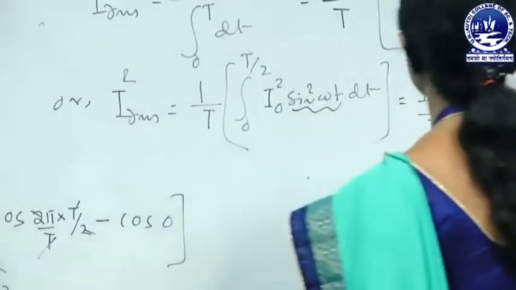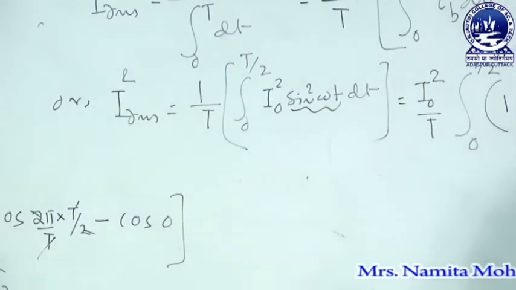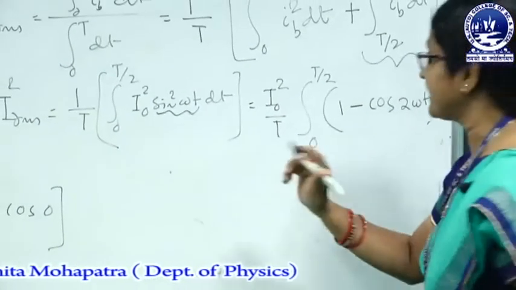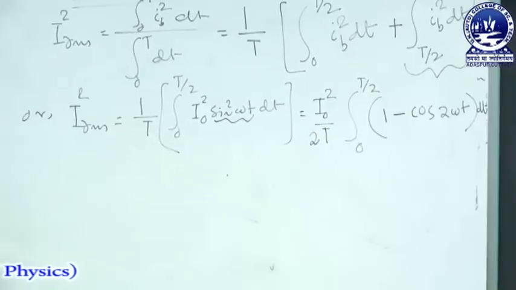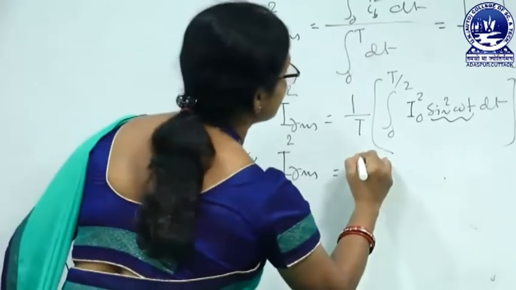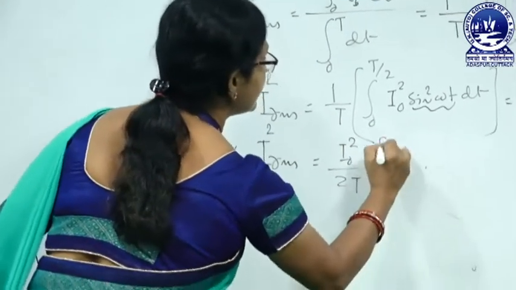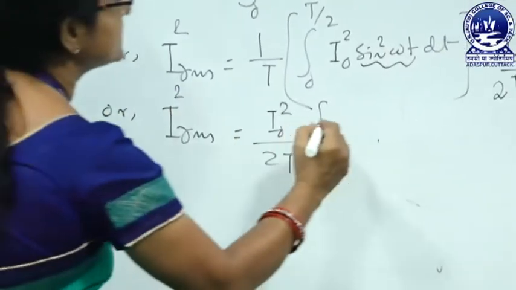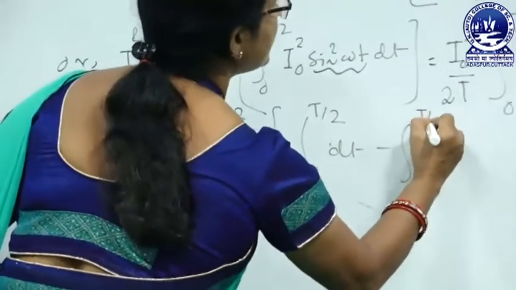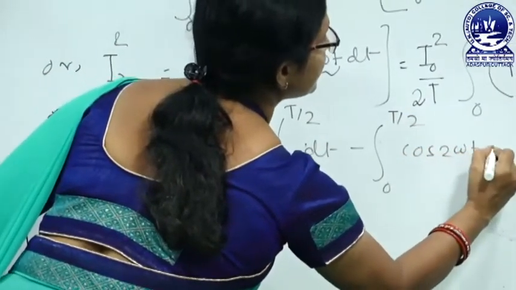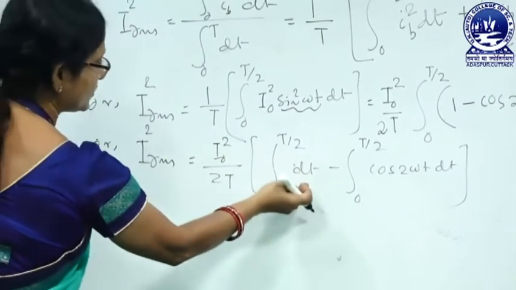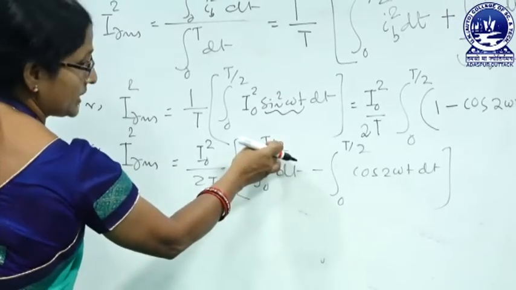What about this expression now? 1 minus cos 2 omega T, but the 2 is constant again, so taking it outside of the integration. So I square RMS equals I naught square by 2T, and again it is divided into two parts: integration 0 to T by 2 dt, minus integration 0 to T by 2 cos 2 omega T dt. The first integration, with upper limit T by 2, gives only T by 2.